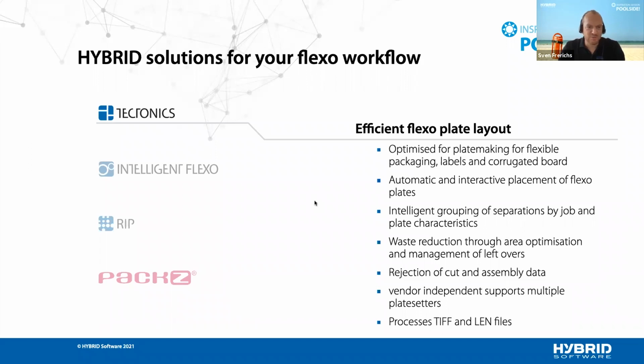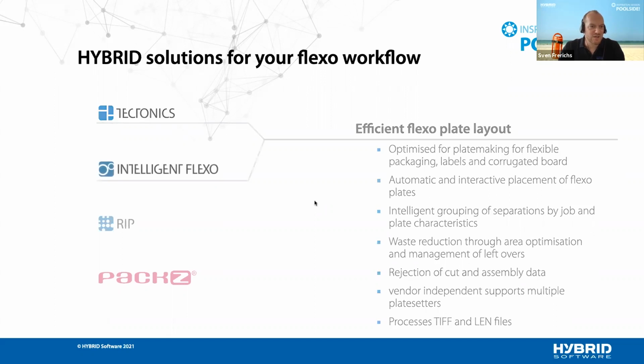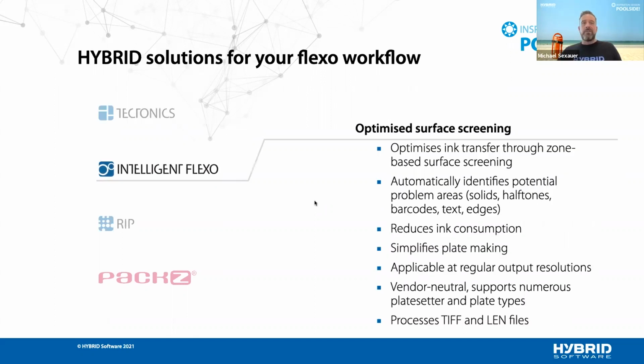Before Tectonics, we've been talking about Intelligent Flexo, which is a very interesting solution as well in terms of surface screening, because it enriches what you already have, because it's using the existing infrastructure.